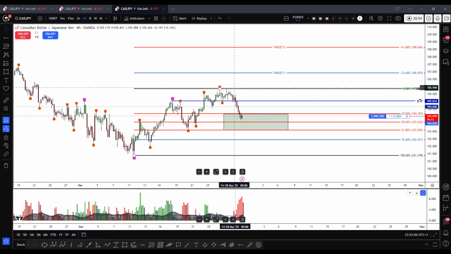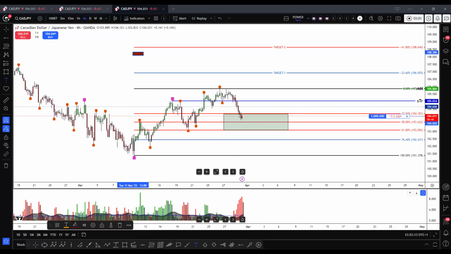The reason I said we know the direction is because the simple rule is momentum precedes prices. Okay, I'm gonna type.